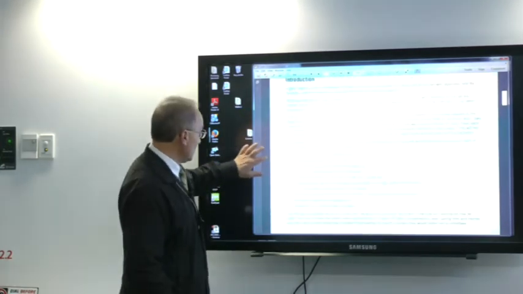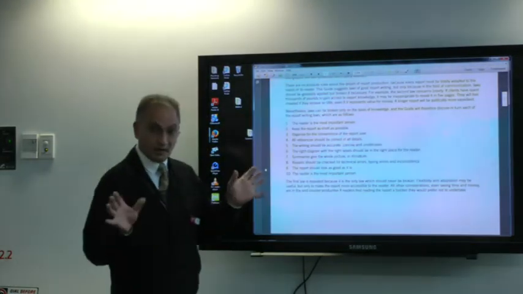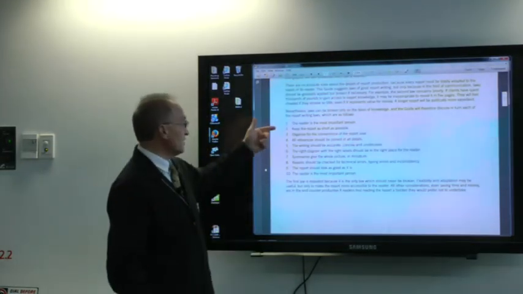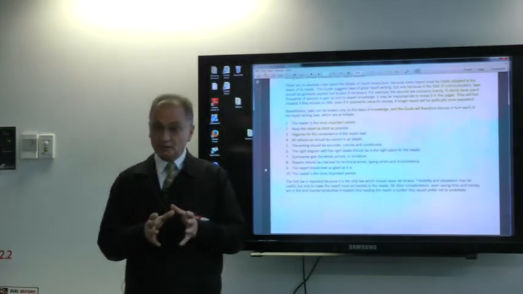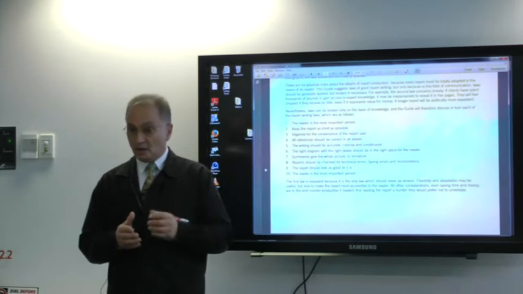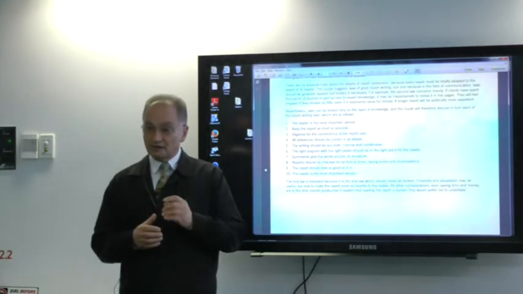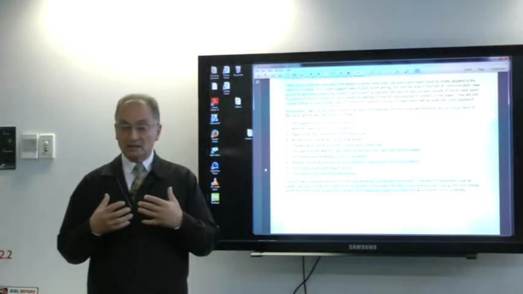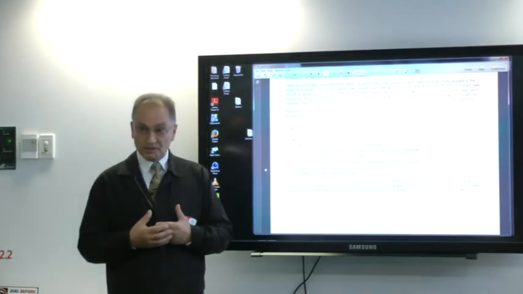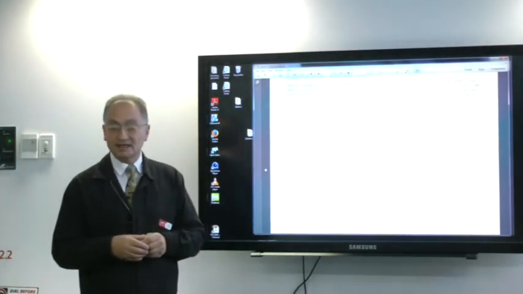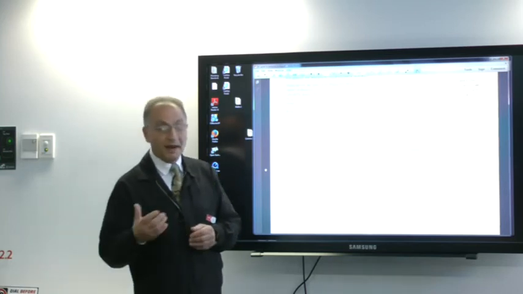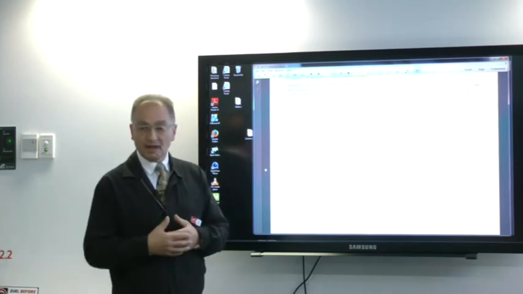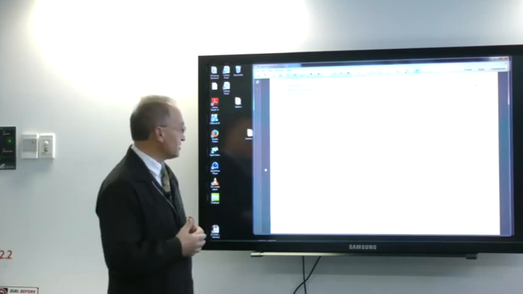Some of the features of a report, long or short, are that the reader is the most important person. If you're writing a report for your peers, your other colleagues in the workforce, it's going to have a different style, and the language will be different, and maybe the extent or scope may differ compared to writing a report for management or for your senior discipline manager or team leader.